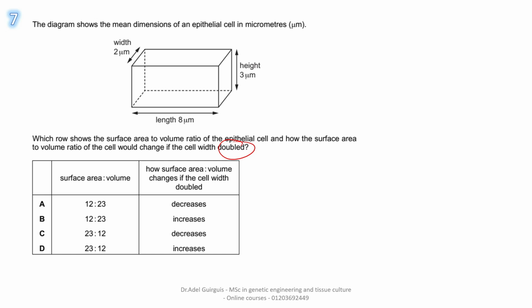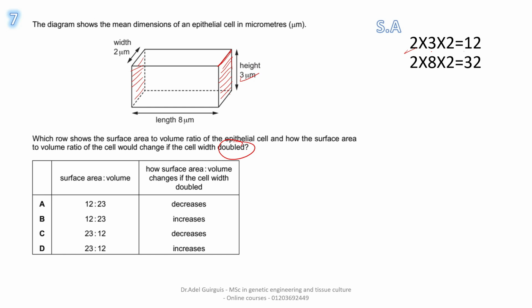Each 2 faces are different from the 2 others. So the surface area for this face and this one equals two sides times 3, times 2, equals 12.